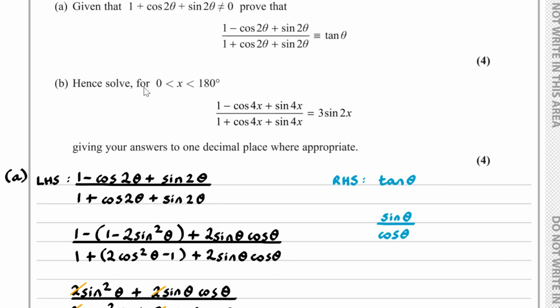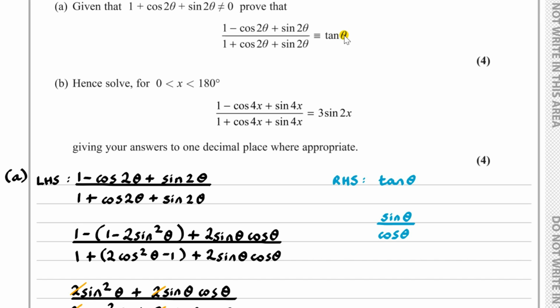Now for part B, hence solve for x being in between 0 and 180, 1 minus cos 4x plus sine 4x over 1 plus cos 4x plus sine 4x equals 3 sine 2x.